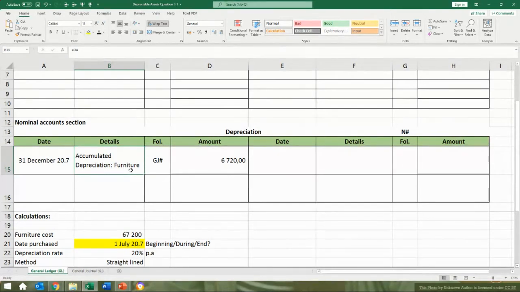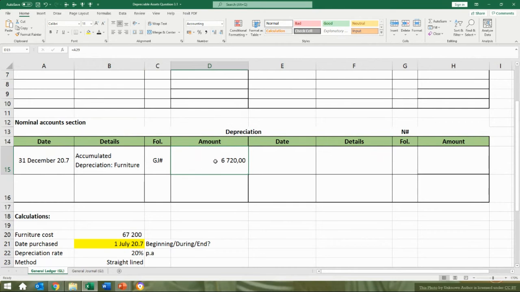Generally, in practice, you have multiple types of assets within the business. So to keep track of what the carrying amount for a specific type of asset is, you need to indicate the accumulated depreciation for that specific type of asset to make it easier for you to work out the carrying amount for that asset.